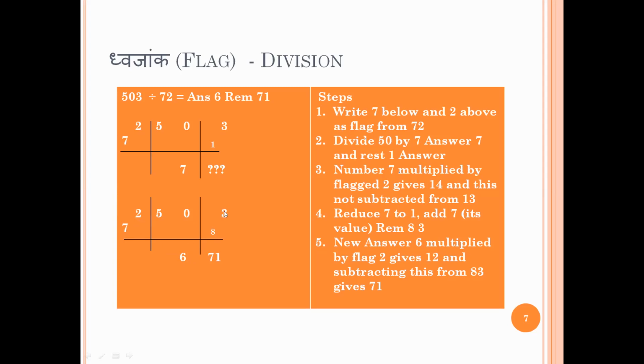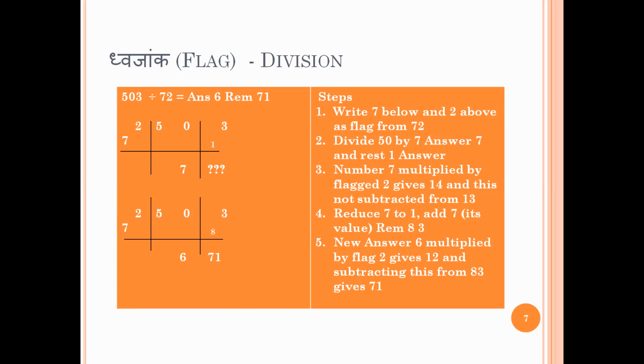So 83 minus 12 is 71. So I write 71. So my final answer is 6 and the remainder is 71. Clear?